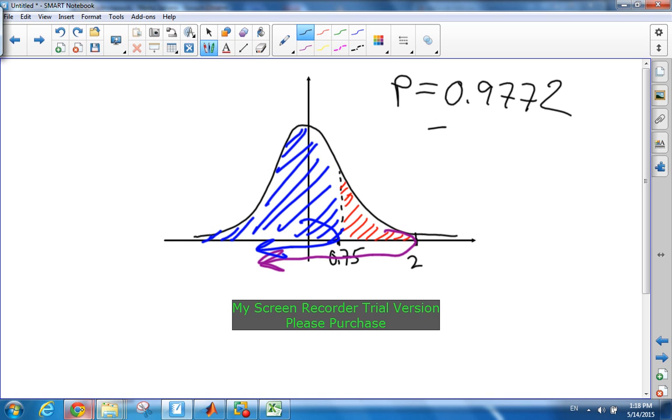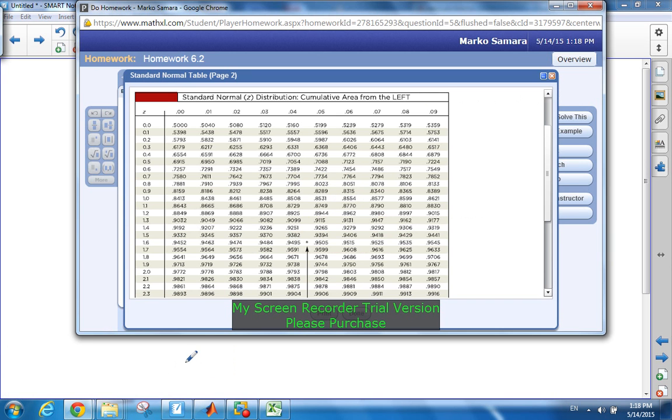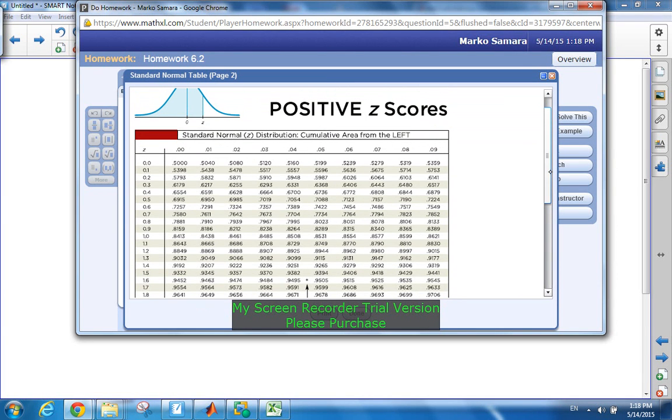Again we'll look for z-scores, now 0.75. So here is 0.70, and we need to go to the column 0.05.